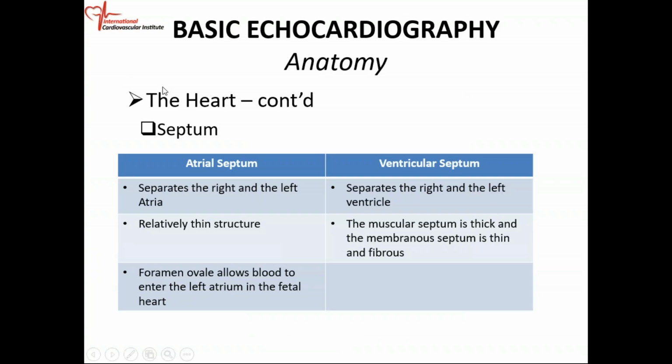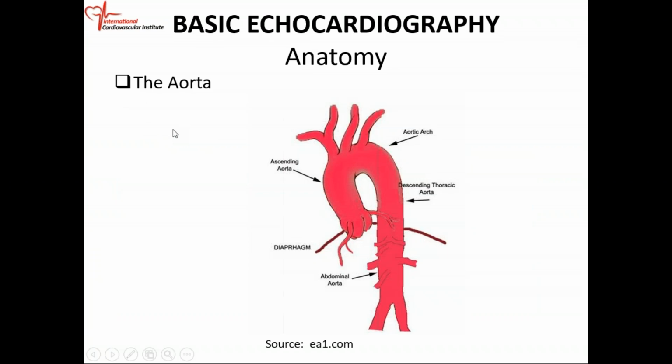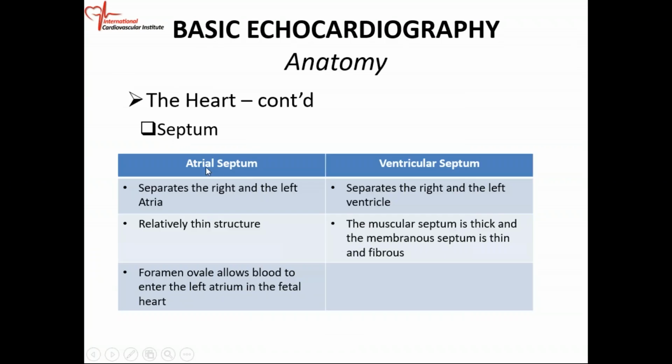All right. So if you look at the atrium, the uppermost portion of the heart, we call that the atrium, and the right and left atrium are separated by the atrial septum. Okay, so the atrial septum separates the right and the left atria.